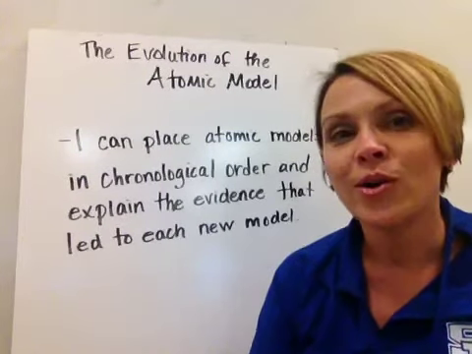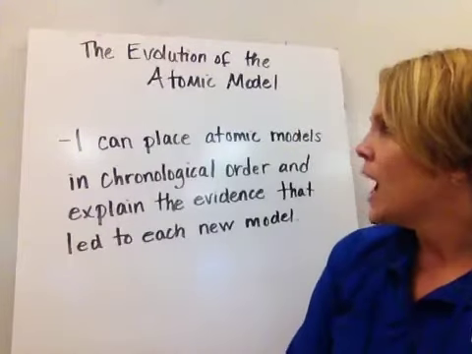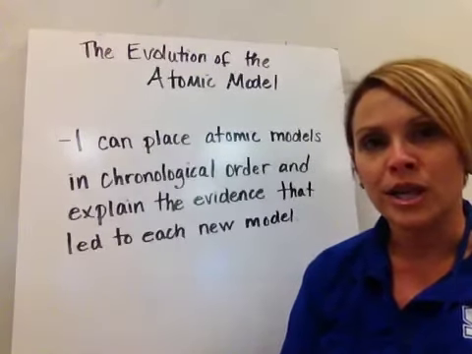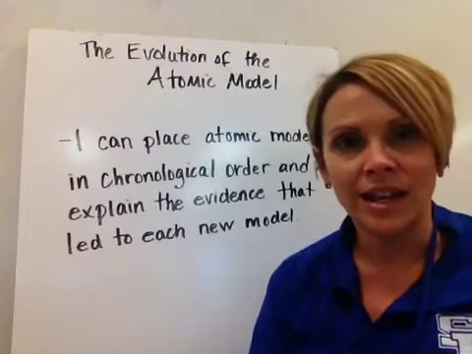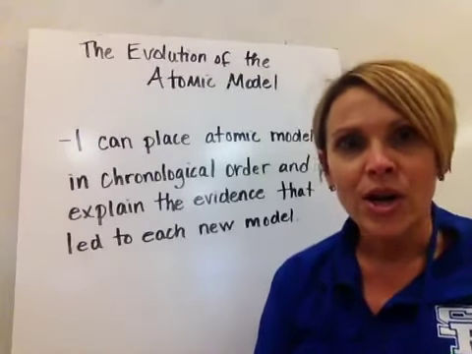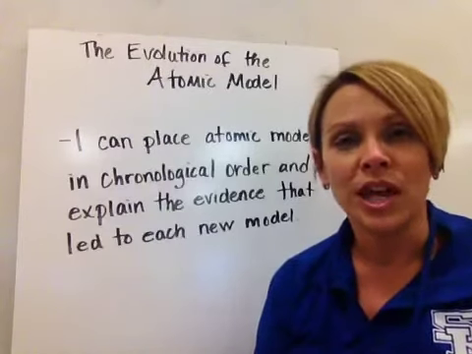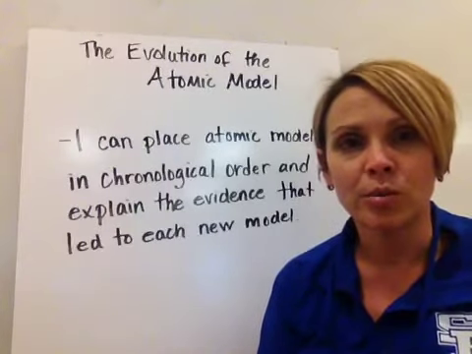All right, so our learning target is I can place atomic models in chronological order and explain the evidence that led to each new model. Before I begin, I want to just kind of break down that learning target just a little bit.